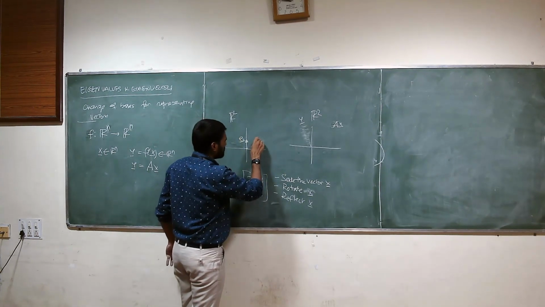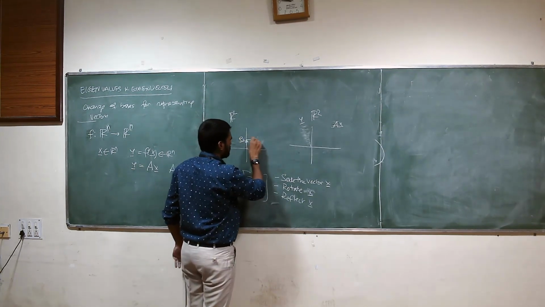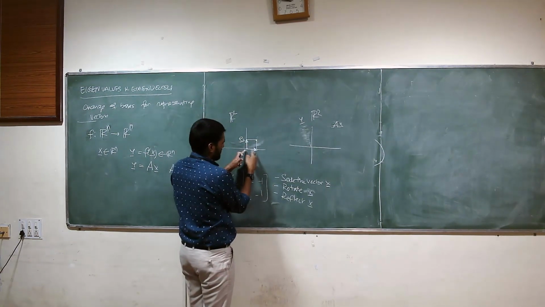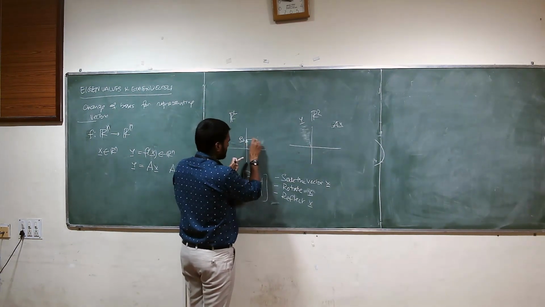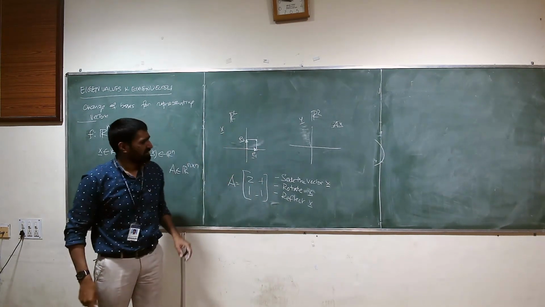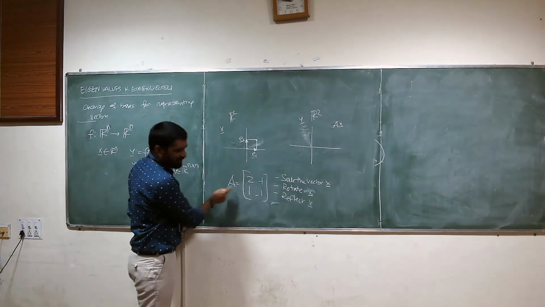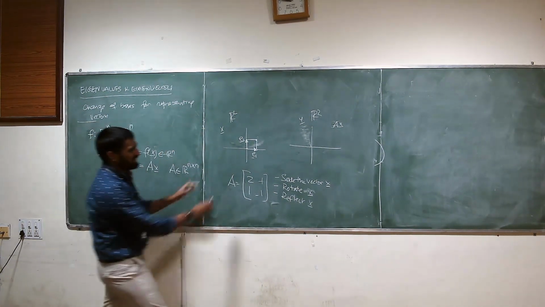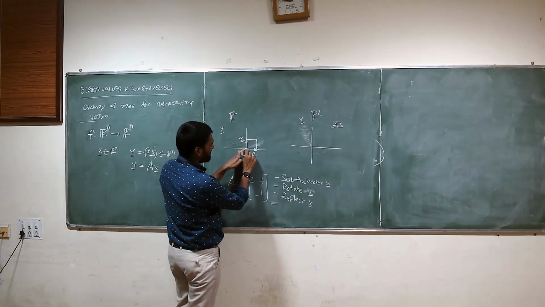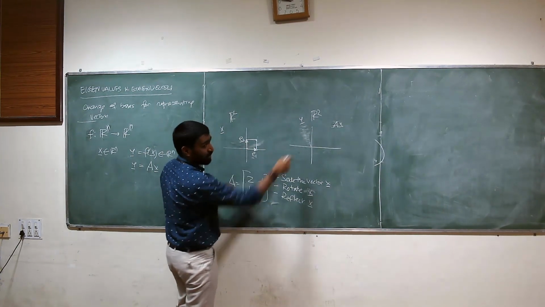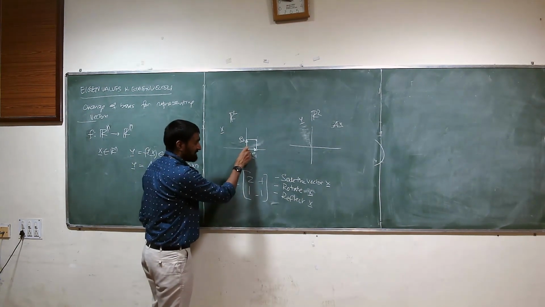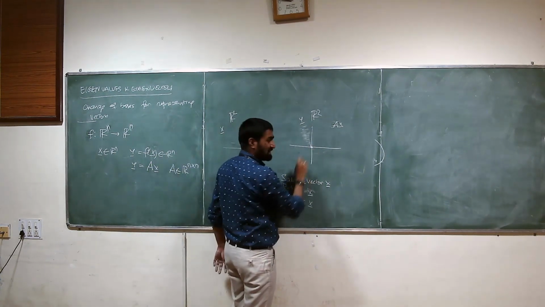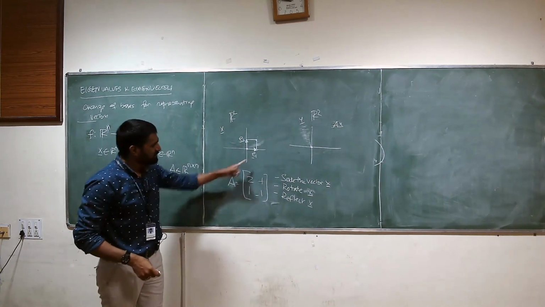Another useful thing is to consider a square located at the origin, along E1 and E2, and ask what happens to the square if you apply this transformation. Essentially, apply the transformation to these 4 points and tell me what happens. What happens when you apply the transformation to 0, 0? Nothing. For a linear transformation, 0 always gets mapped to 0. What happens to E1?